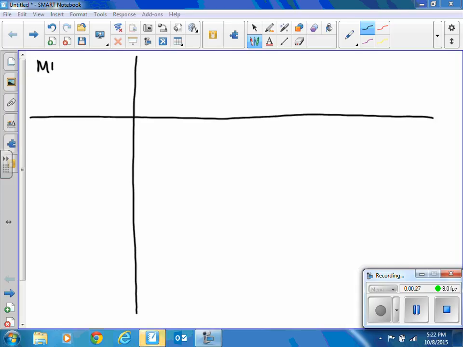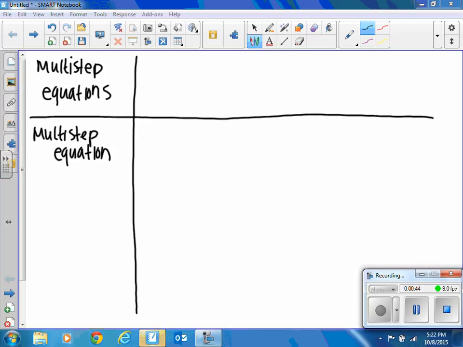So, multi-step equations. A multi-step equation is an equation that uses more than 2 operations to reach a solution.